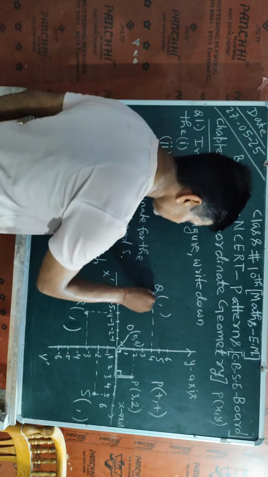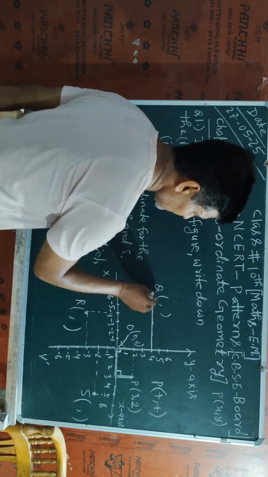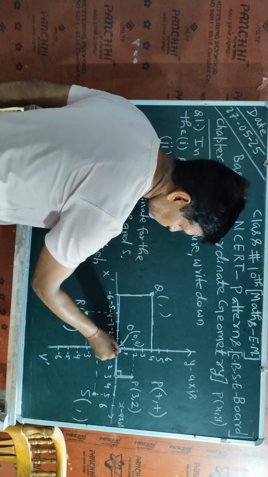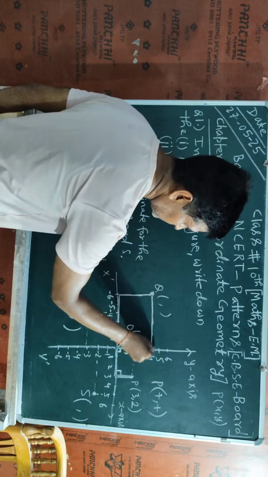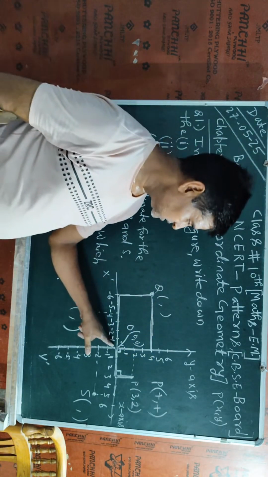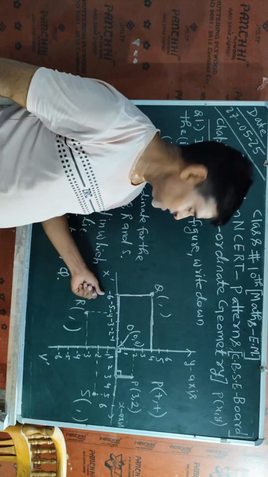I will say this is the length and this is also the length. So here I have to write the abscissa value. So this value is equivalent to this value is equivalent to this value. Okay, students, so here is the origin 0, -1, -2, -3, -4, -5, -6 available.